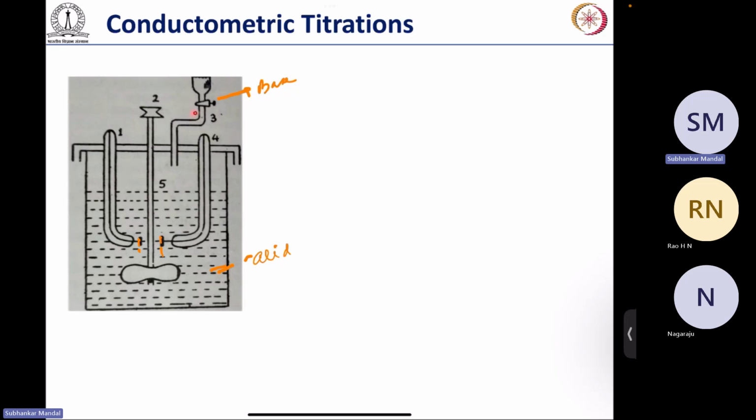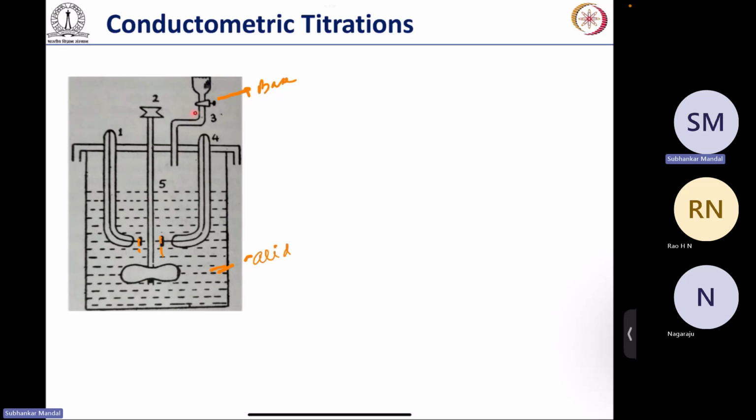So what is the advantage of this? When you use an indicator, sometimes the color fades from purple to yellow or blue, but we will not exactly know when it should be deep purple or deep blue. So some error can come in this colorimetric titration, when you are using an indicator.